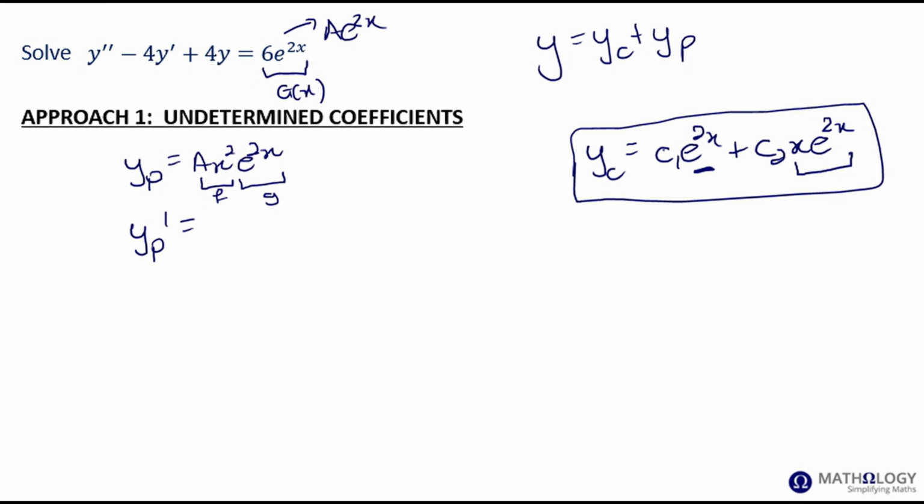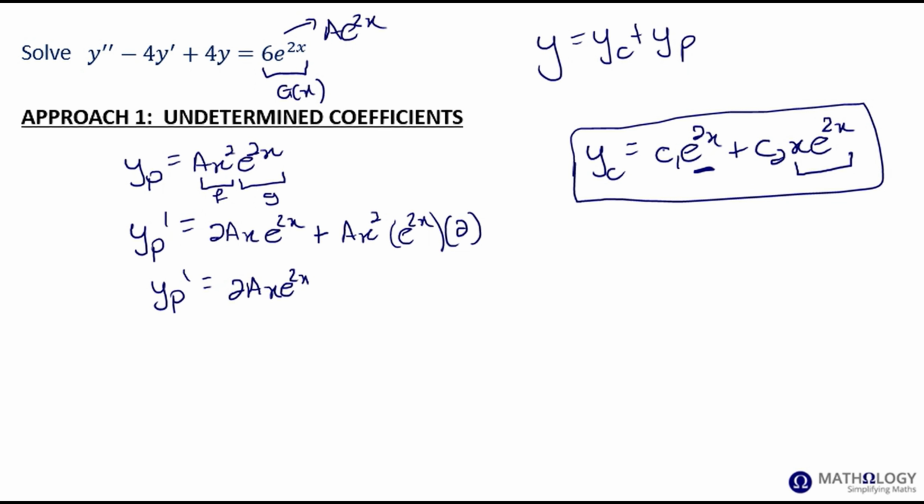So the derivative of ax squared will be 2ax, and then we multiply by e to the 2x plus ax squared, which is now the constant, and the derivative of e to the 2x will be e to the 2x times 2, because 2 is the derivative of 2x. So just tidying that up, we'll have 2ax e to the 2x plus 2ax squared e to the 2x.